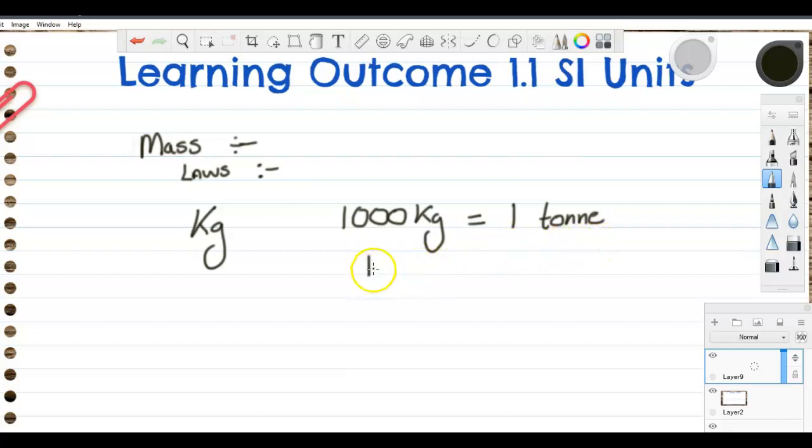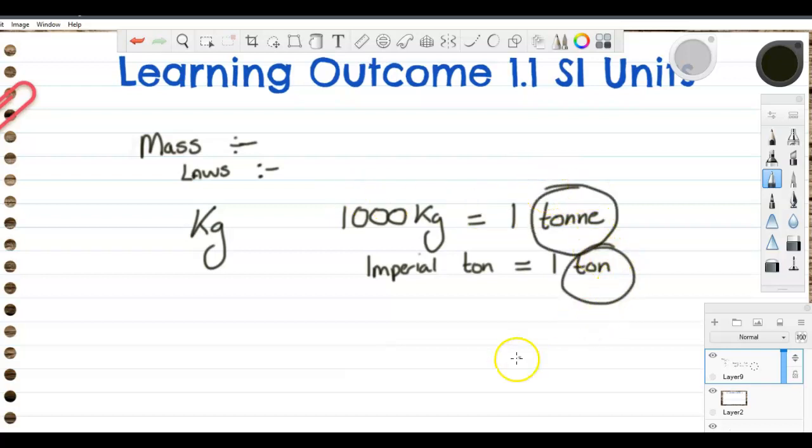You also get an imperial ton, which is a completely different weight, even though it is written as 1 ton. When you're working with these things, you need to make sure that you check the spelling, so you know which one you are actually working with.